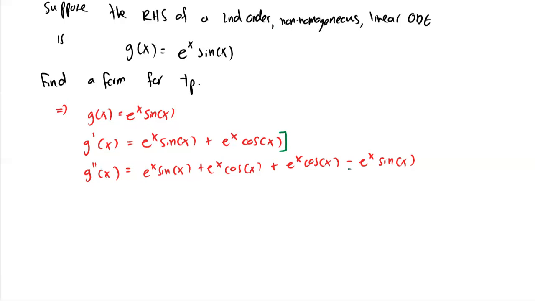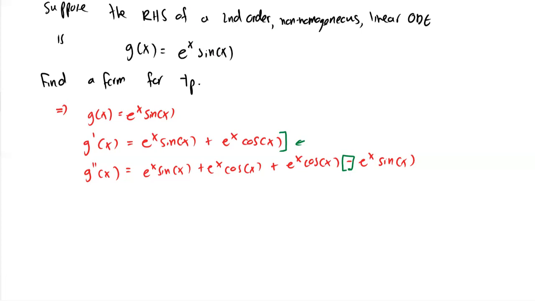There could be a negative in front, as we saw here. But in terms of functions that arise, without ignoring the constants, we're always just going to get e to the x sine x or e to the x cosine x. So just by taking the first derivative, I already know all possible terms that are going to arise from all possible derivatives. And this is what you want to do, right?